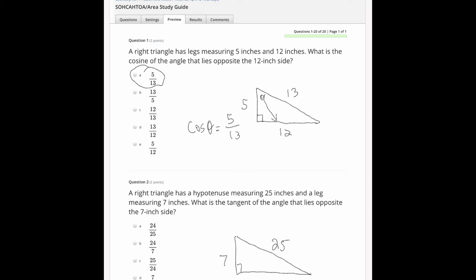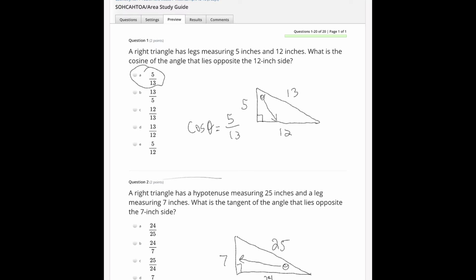What is the tangent of the angle that lies opposite the 7-inch side? So this will be theta. And we need tangent. Well, we need our adjacent side. This is a 7, 24, 25. And so tangent of theta is opposite over adjacent, 7 over 24.